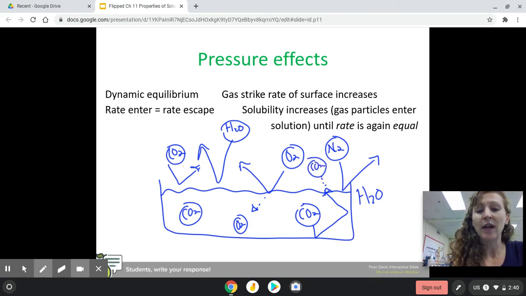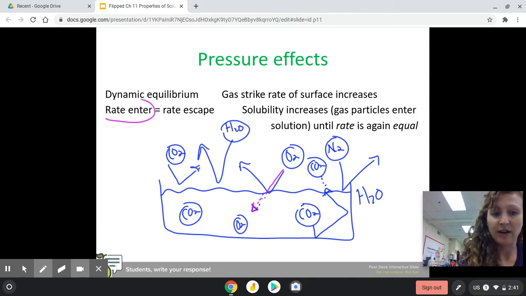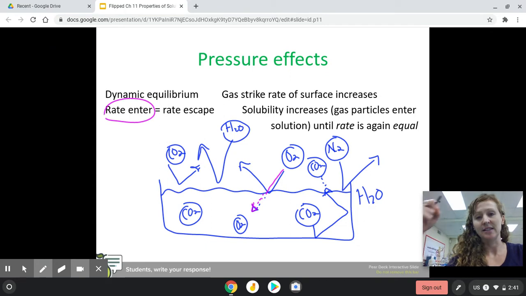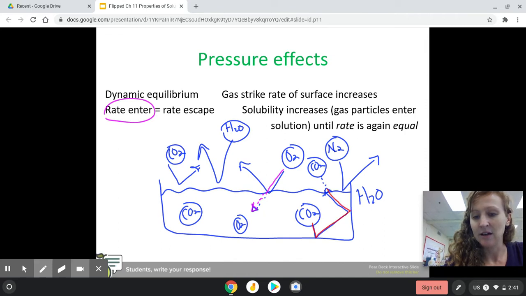And so here we have, if I switch colors, like in the case of this oxygen, this would be a rate of entrance. Our gas is going to enter our solution. If we're talking about this carbon dioxide here, this would be a rate of escape.